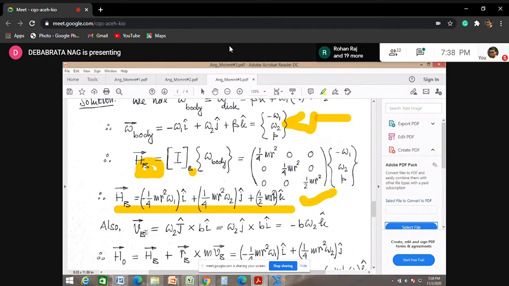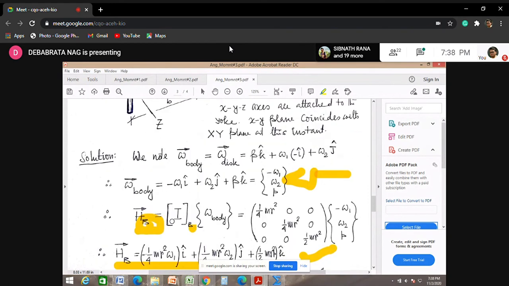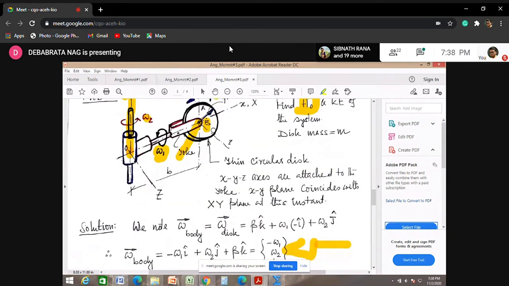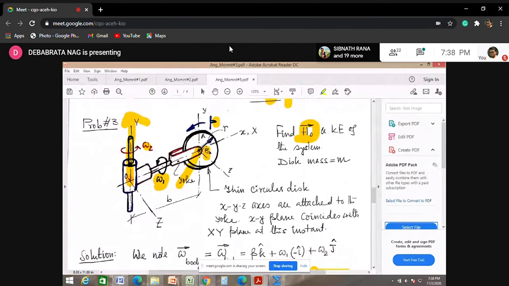Now comes finding out the linear velocity of the center of mass. So the linear velocity will be due to what? It will not be affected by P, so it will be due to omega 2, because omega 2 will move this point B along a horizontal circle of radius b, right?